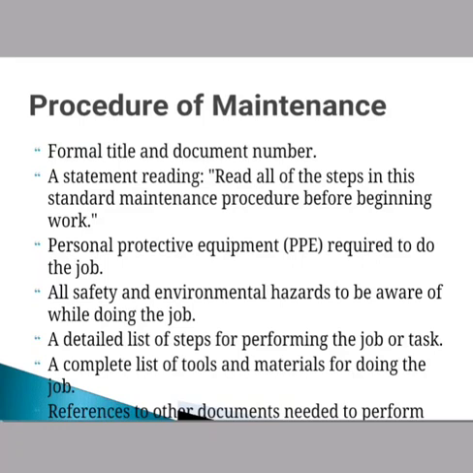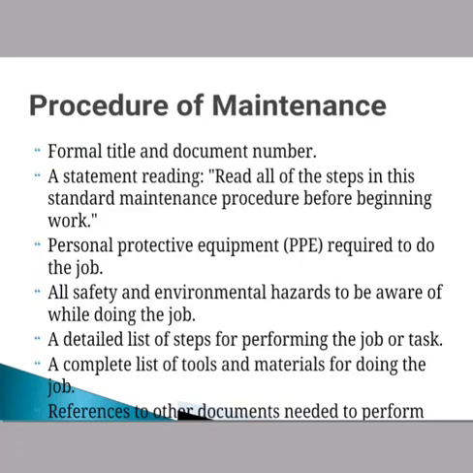Then a detailed list of steps for performing the job or task, we have to know properly. It will be very important. We have to know the complete list of tools and materials required for the maintenance purpose. Then references to other documents needed to perform the maintenance work.